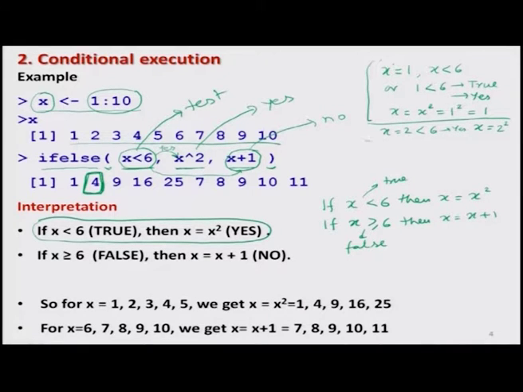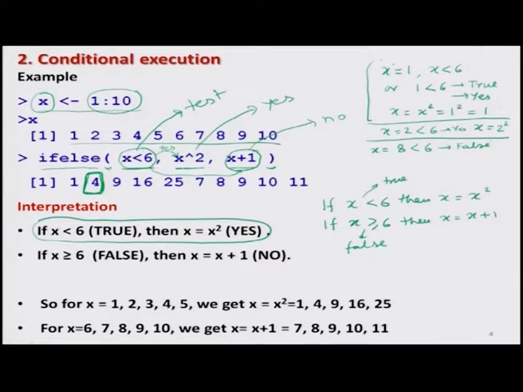And similarly, let me take another example, say here x equal to, suppose, 8. Now, the condition under test will check whether 8 is smaller than 6. The answer is no, this is not correct. So, the answer is that this statement is false.